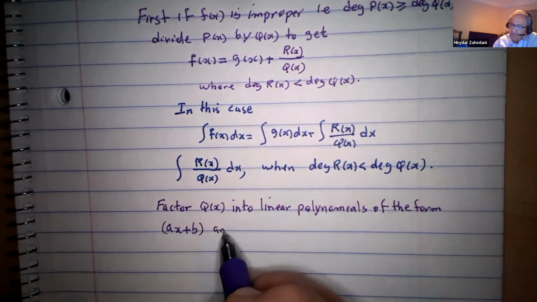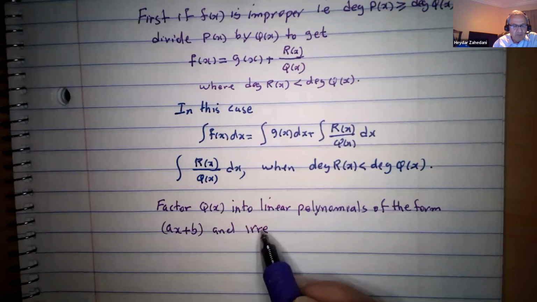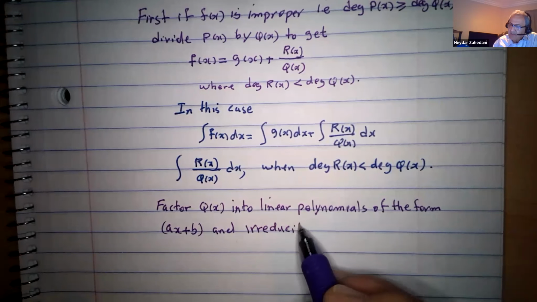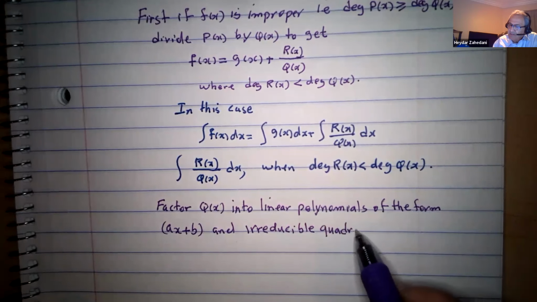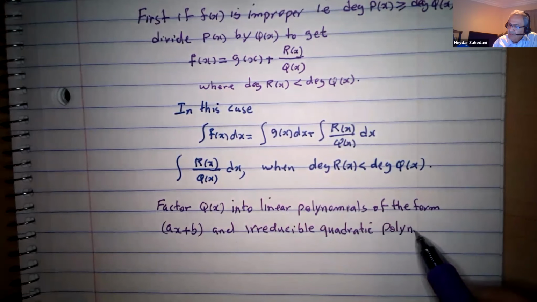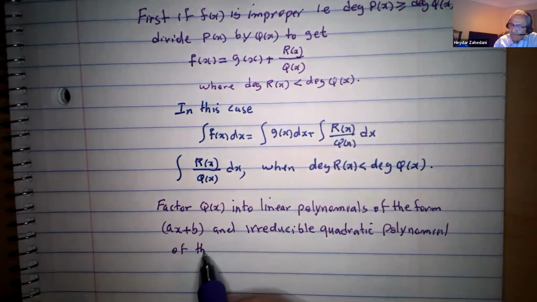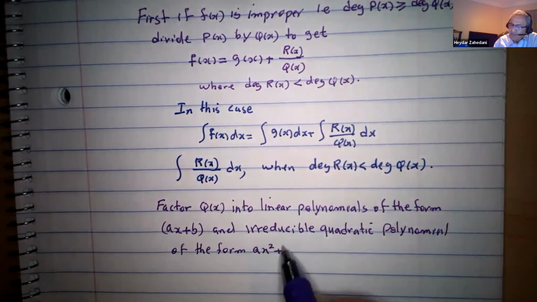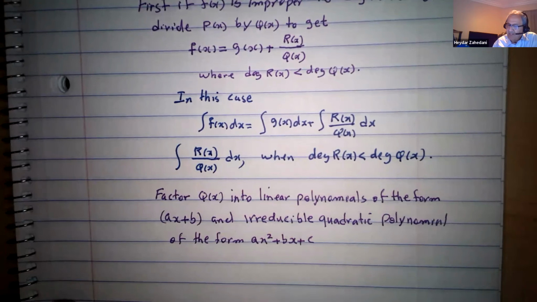And second, so-called non-factorable, or irreducible, quadratic polynomials of the form ax squared plus bx plus c, like x squared plus 2, or x squared plus 9. Those are the ones that we cannot factor.